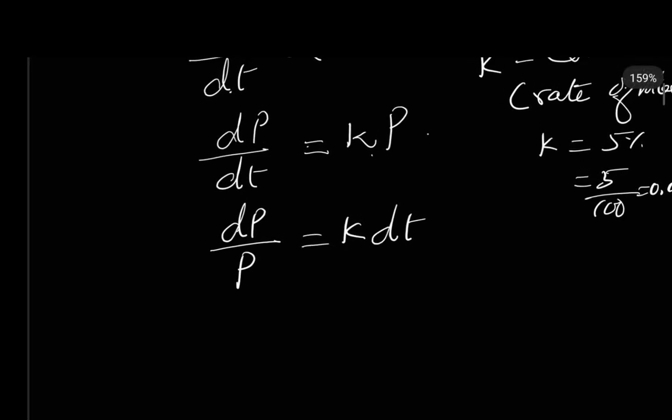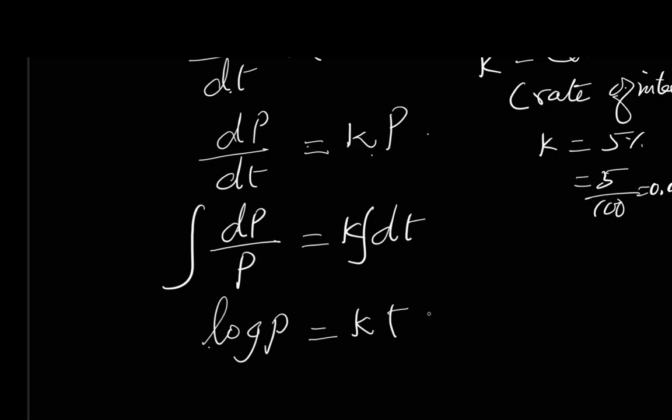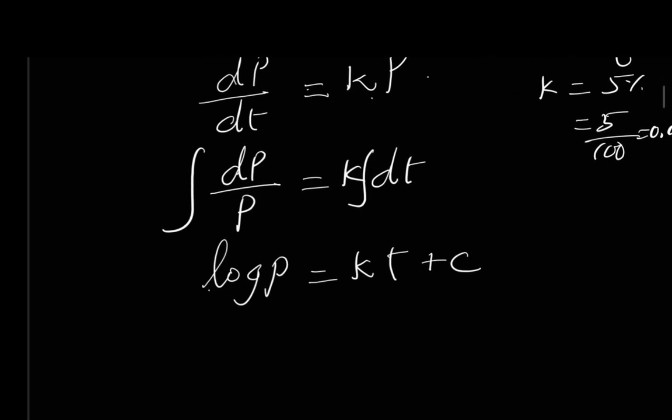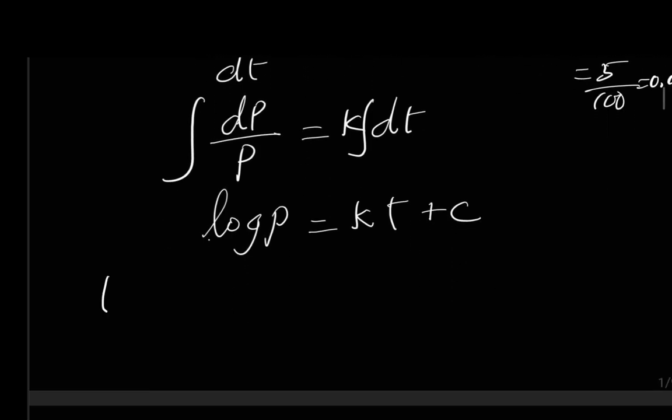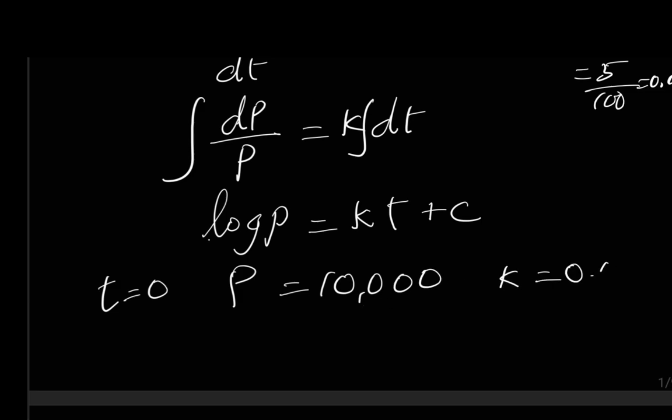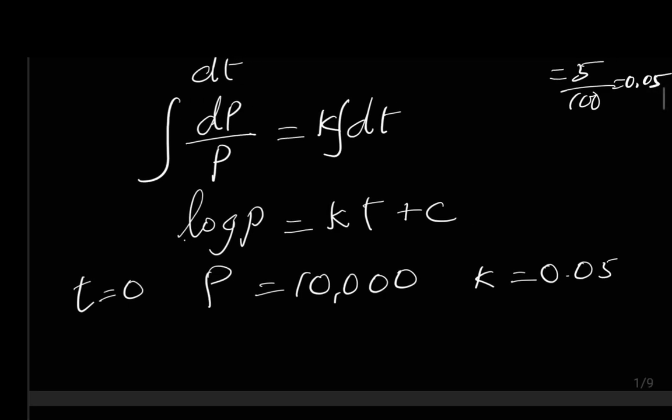Integrate: log P is equal to Kt plus C, where K is constant. Initially at time t equal to 0, our principal is 10,000, and the rate of interest is 0.05.